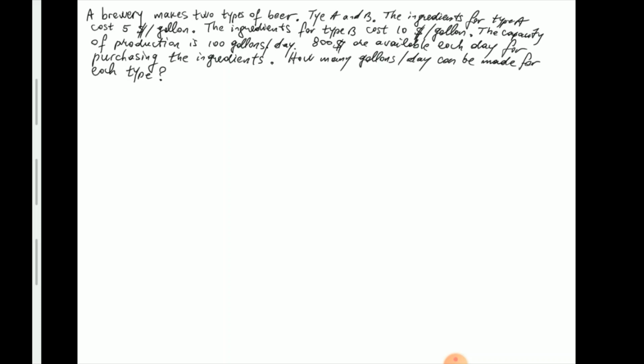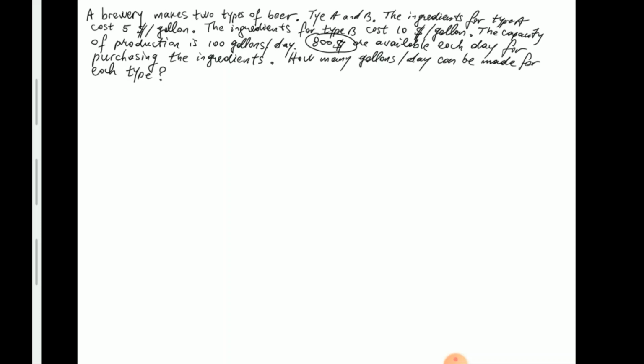So I want you to notice that for sure the inequalities will be less than or equal to, because these constraints clearly are upper bounds, so to speak, on the requirements to make the beer in terms of the money to purchase the ingredients and how much beer you can make per day. So for example, whatever the cost of production is in a given day, it cannot be more than $800.